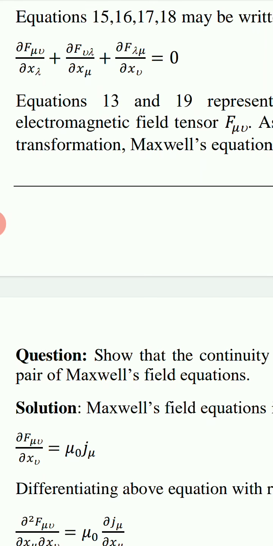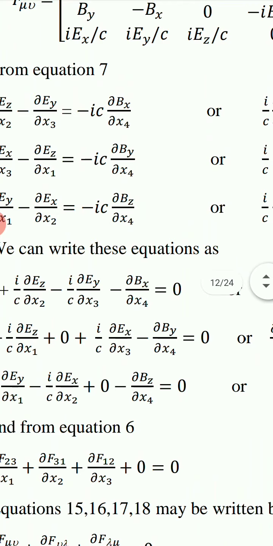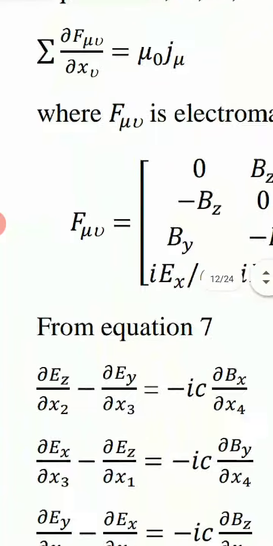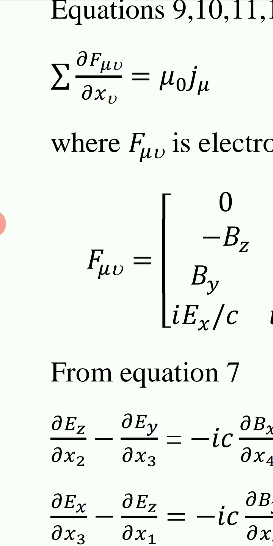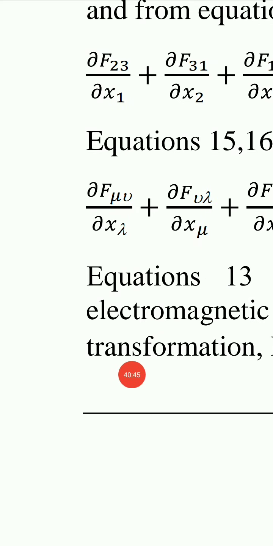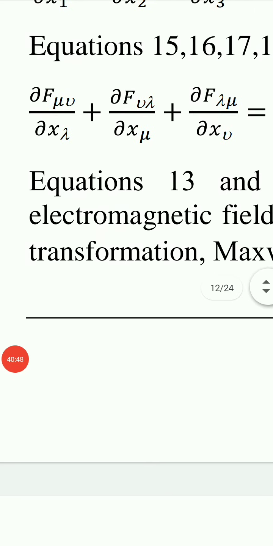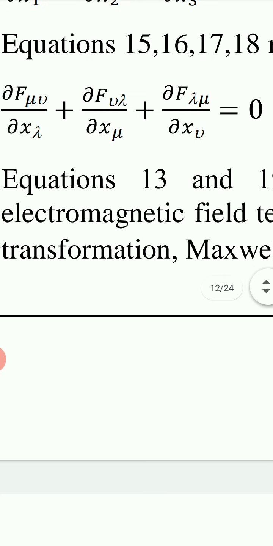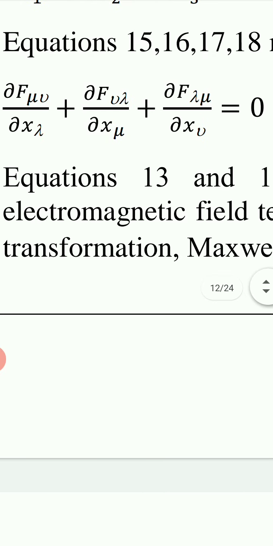Maxwell's equations in terms of the electromagnetic field tensor F mu nu can be written by these two equations. First is this: summation delta F mu nu upon delta x nu equal to mu 0 j mu. Here on the left hand side the summation is over nu, which is the repeated index, and the second equation is this: delta F mu nu upon delta x lambda plus delta F nu lambda upon delta x mu plus delta F lambda mu upon delta x nu equal to 0.